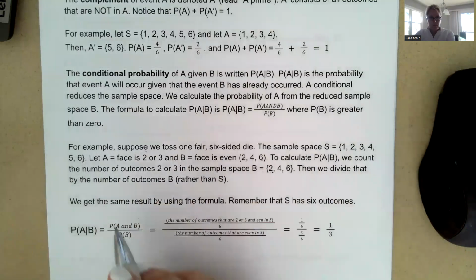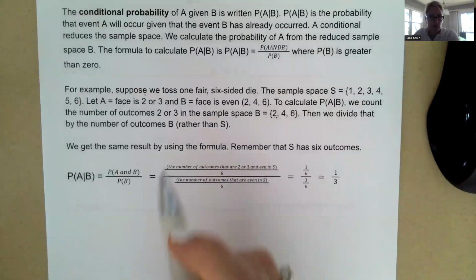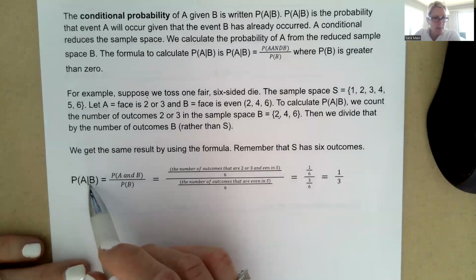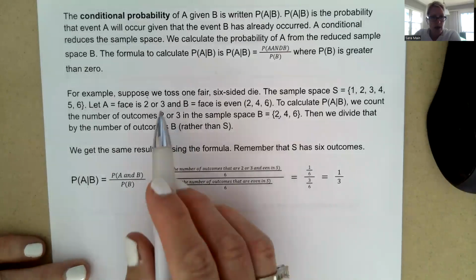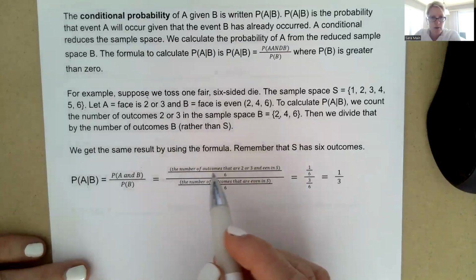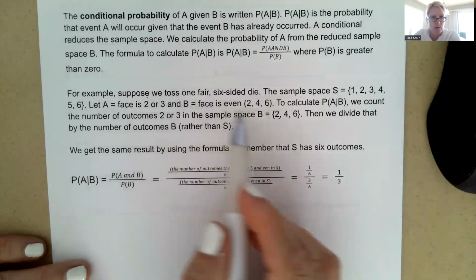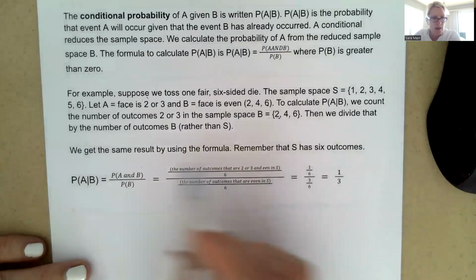So we're going to show you in formula. So we get the same result by using the formula. Remember that S has 6 outcomes. So the probability of A given B is the probability of A and B. So the probability of A and B is the number of outcomes that are 2 or 3 and even in S. That's just 2. There's only 1. So 1 out of the 6 right here.